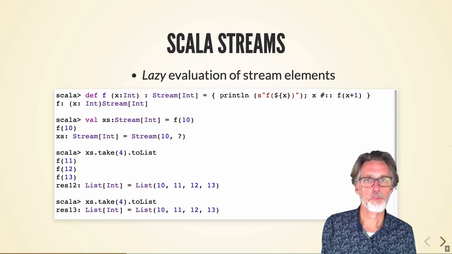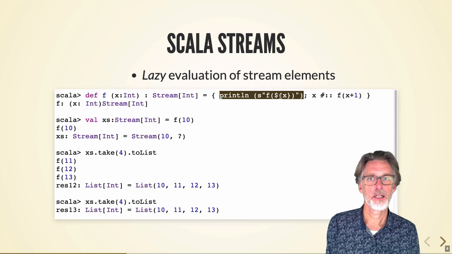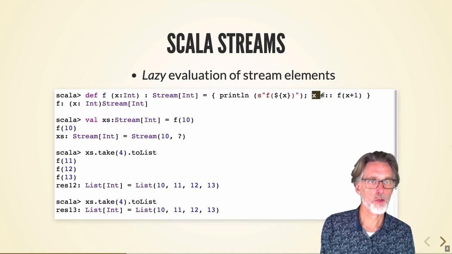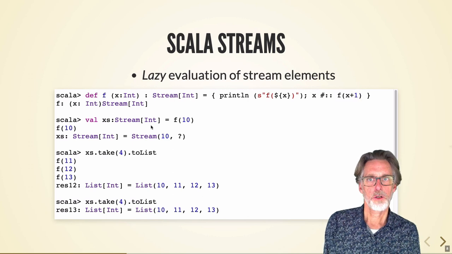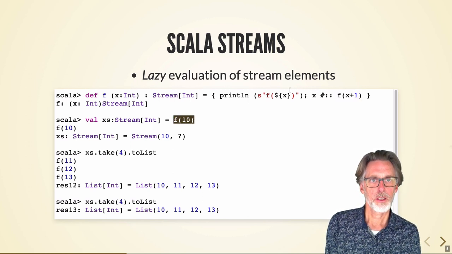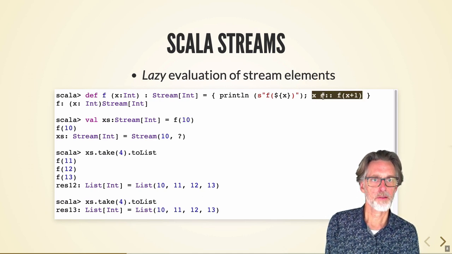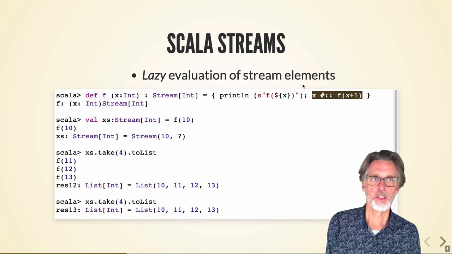What I'm going to do is print out the value of x right before I actually create the cons cell for the stream. You can see that if I use the function f to build a stream, we immediately create the cons cell with 10. But note that we haven't done any further recursive calls.